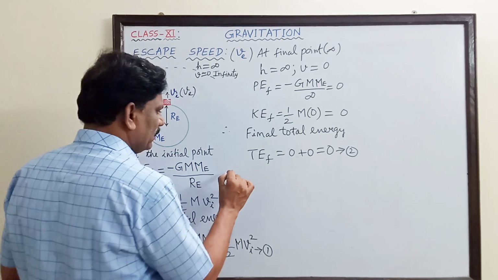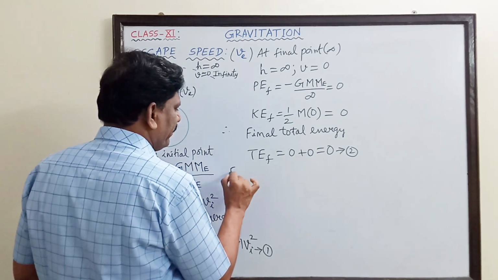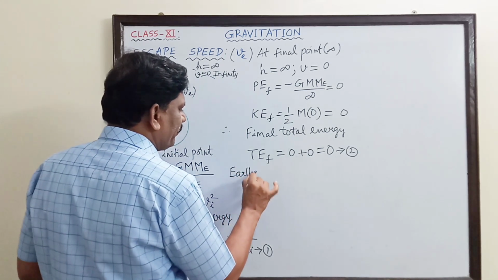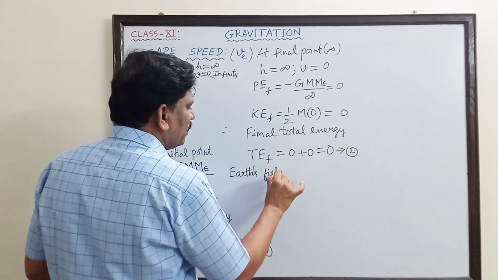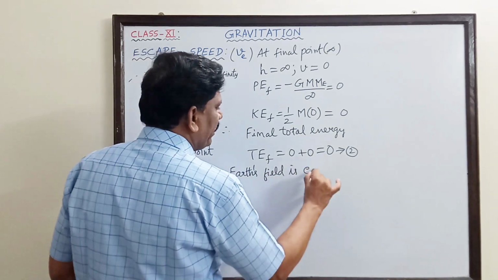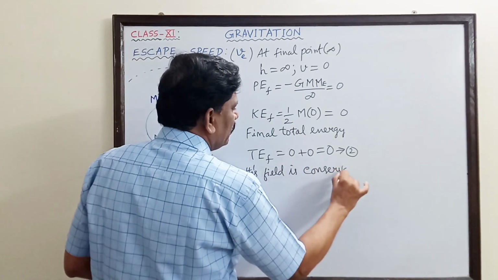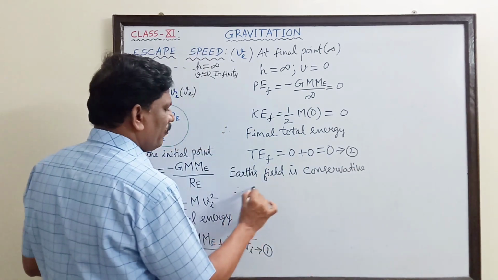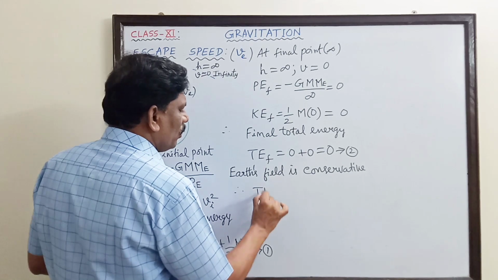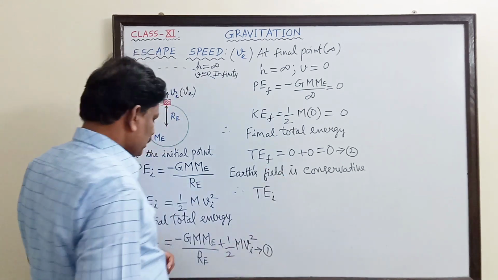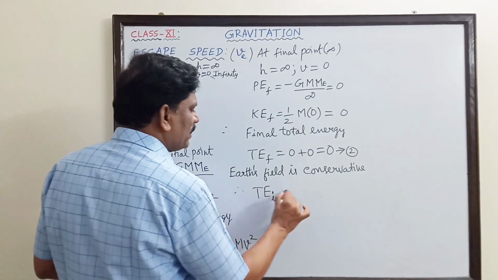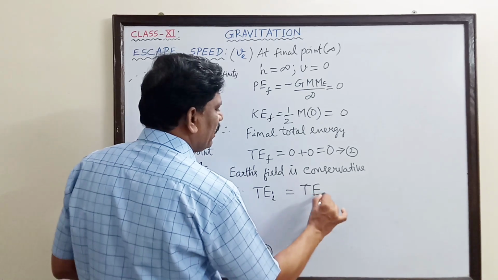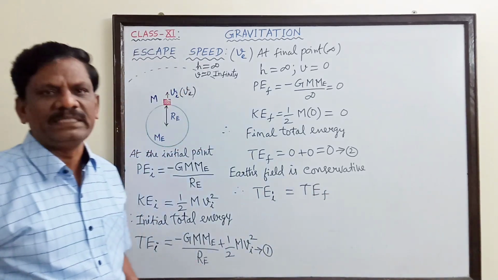Earth's gravitational field is a conservative field. Therefore, the total energy at the initial point must be equal to the total energy at the final point.